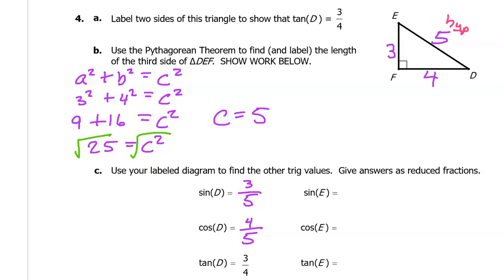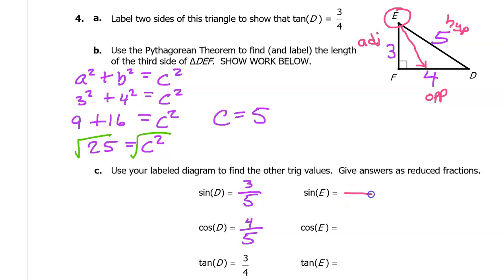All I'm going to do is circle angle E because we are talking about the sine, cosine, and tangent of angle E. So you have to pick the correct angle so that you can draw this arrow, which tells you that this side is now the opposite side. And the 3 is now the adjacent side, which is the opposite of what it was a moment ago. So it all depends on which angle you're looking at.